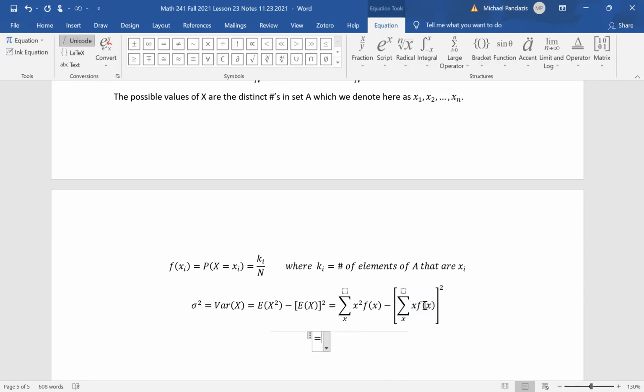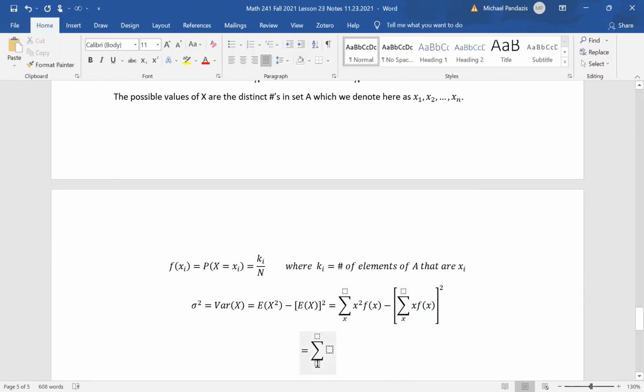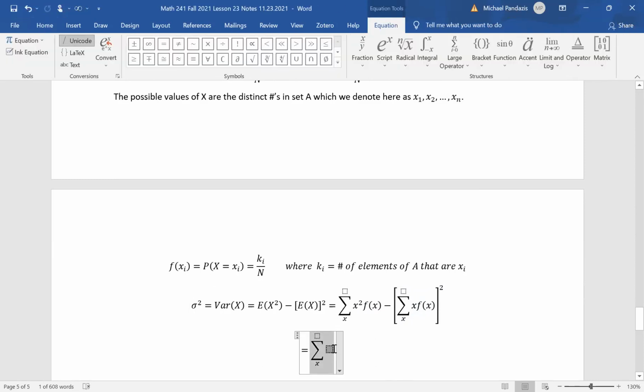Okay, and so this is equal to the sum over all possible values of x. Instead of all possible values of x, I'm going to write x sub I, and I is going to range from 1 to n.